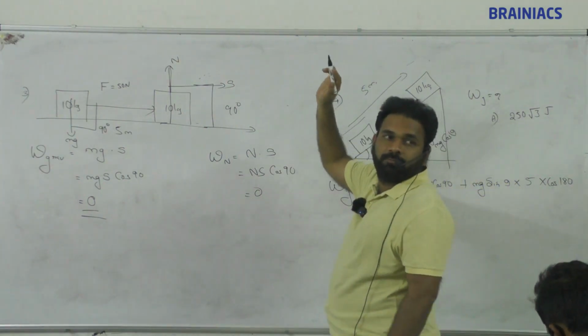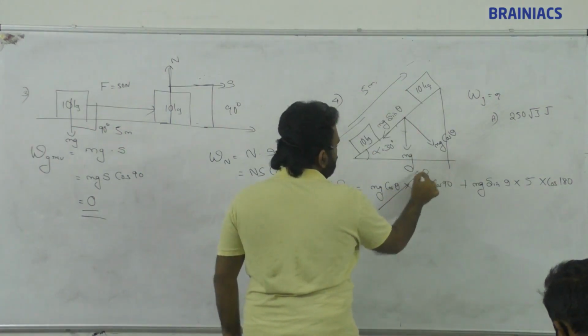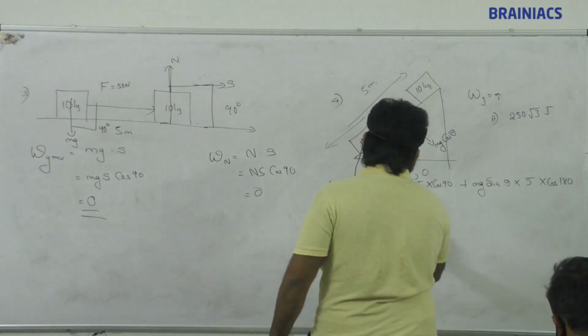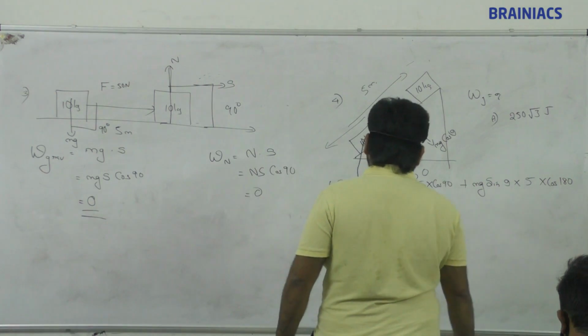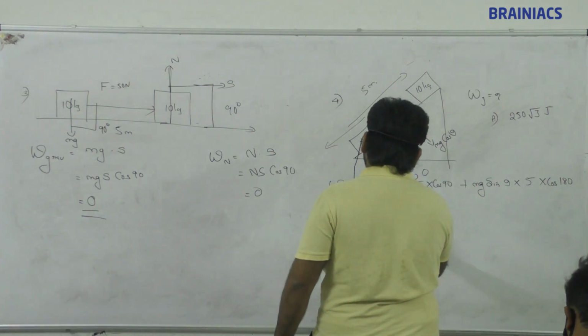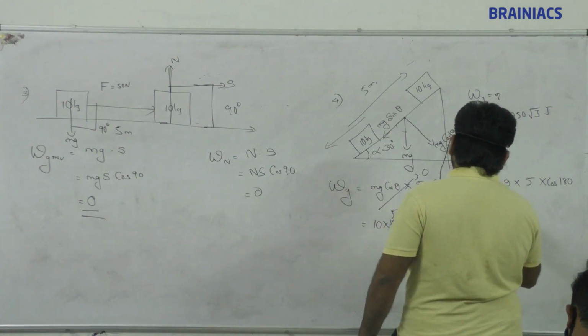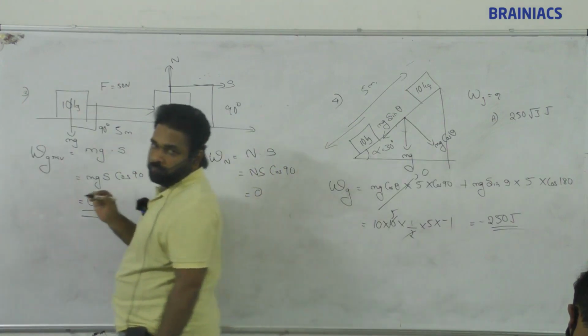The first term is 0. So here 10 into 5 into 5, this is going to be minus 250 joule. Correct or what? Minus 250 joule.